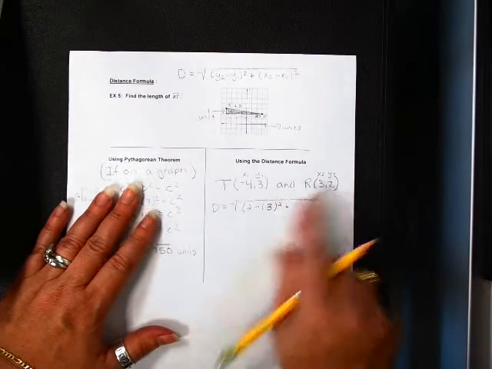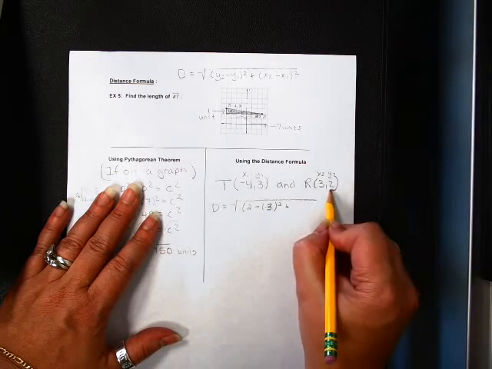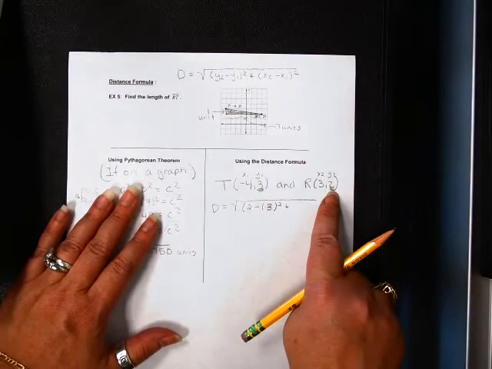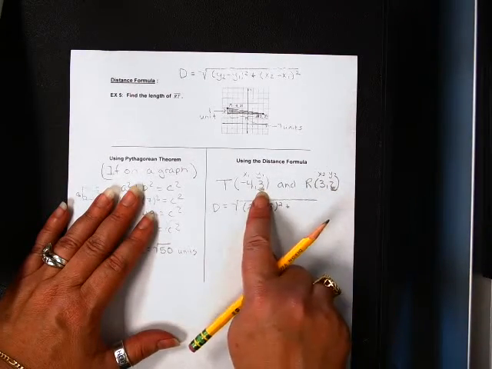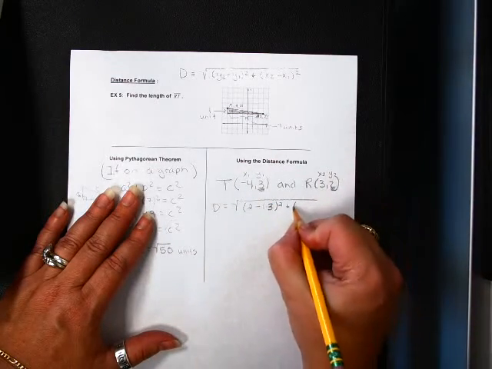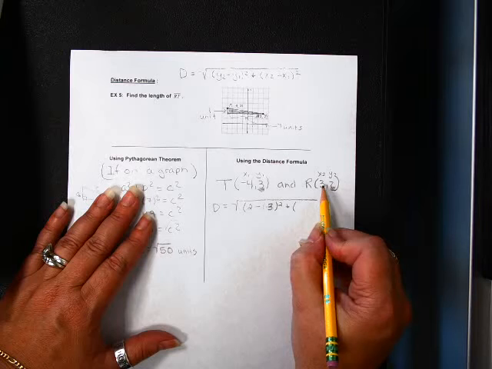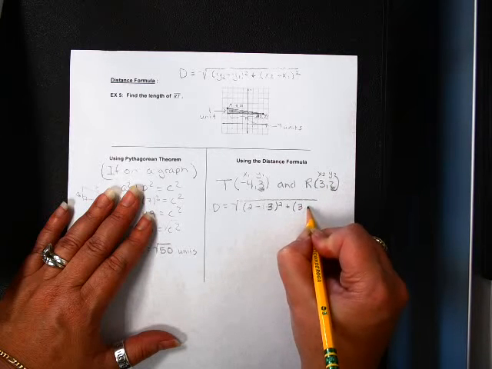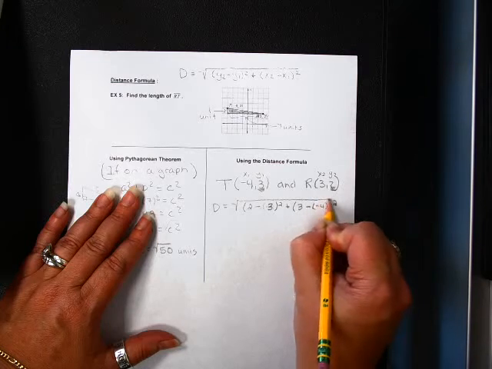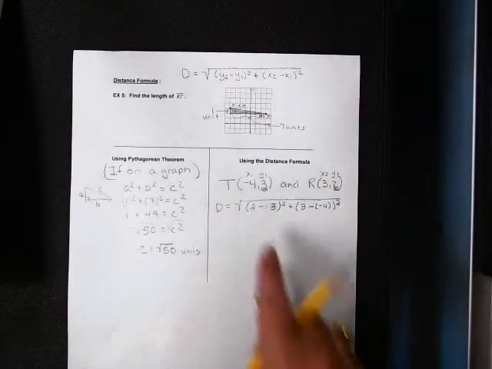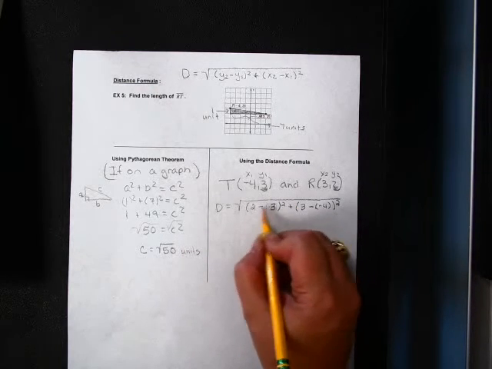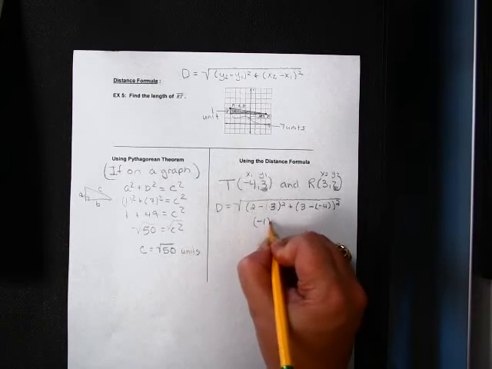Okay, so remember, these are the y's, so I'm going to use this one and this one. So 2 minus 3 squared, and then this one's going to be 3 minus the negative 4 squared. All right, 2 minus 3, when I take 3 away from 2, that's going to be a negative 1 squared.